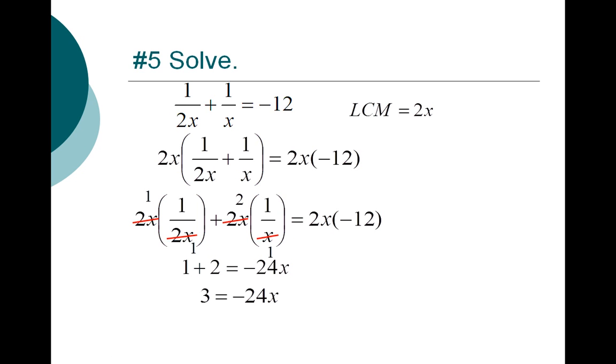So we have 1 plus 2 equals negative 24x once we multiply everything out. 1 plus 2 is 3 equals negative 24x, and then to solve for x we will divide by negative 24, and 3 over negative 24 reduces to negative 1/8.